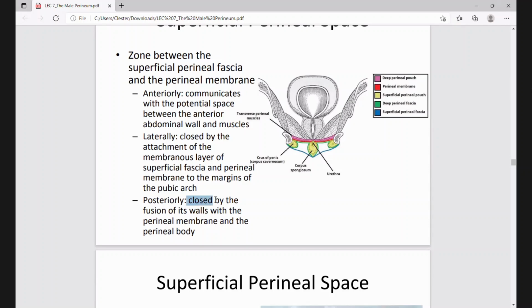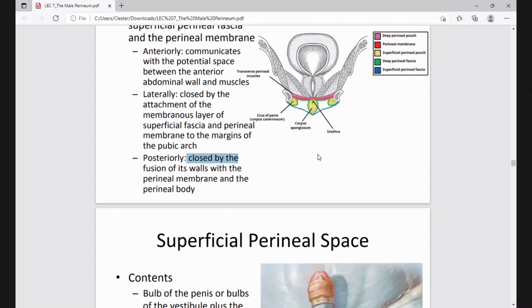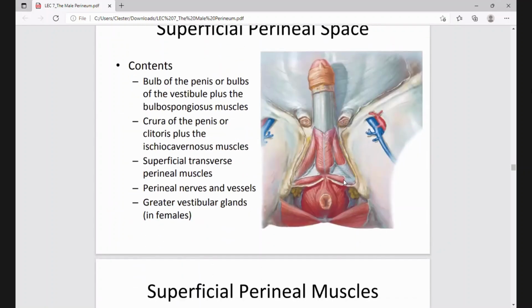So, yung fascia that is enclosing the superficial perineal pouch is closed by the fusion of its wall with the perineal membrane and the perineal body sa likod. So, hindi na po siya nagpo-continue. Ito, the one in white, yan yung perineal fascia. Ito.